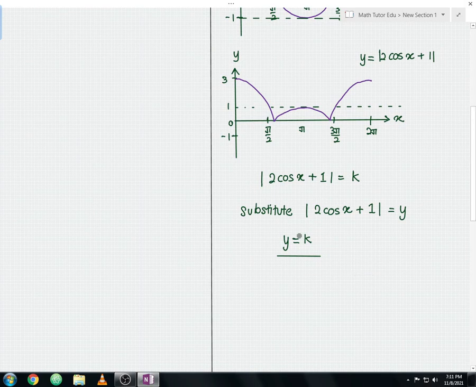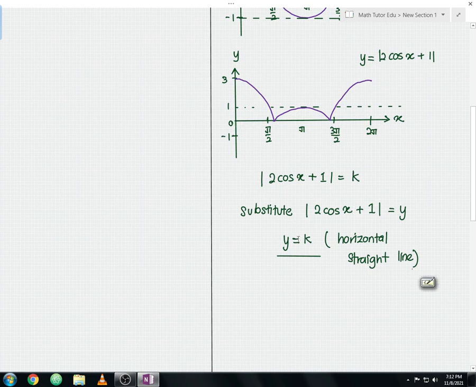From here, y equals k indicates that it is a horizontal straight line. Your k is a constant, and your constant value can be any value. It could be 2, or 3, or 1.